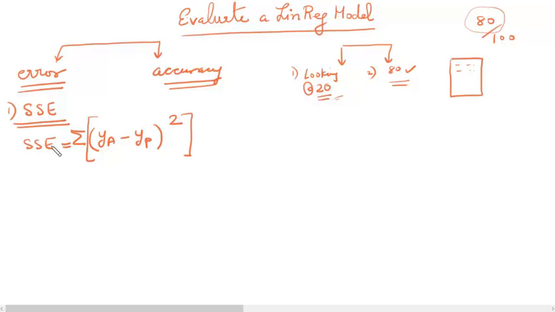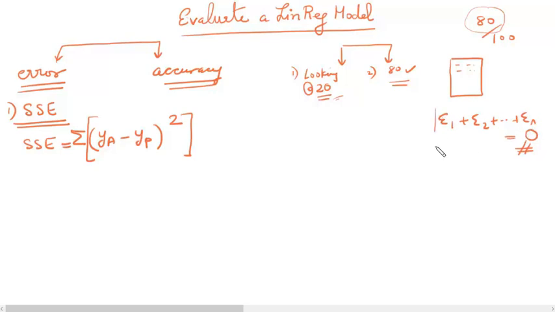Now you might wonder, why are we not just finding the sum of the errors? We have answered this question before. In case of a linear regression, the sum of errors is always equal to 0, because a few errors will be positive, a few will be negative, and they will cancel each other.